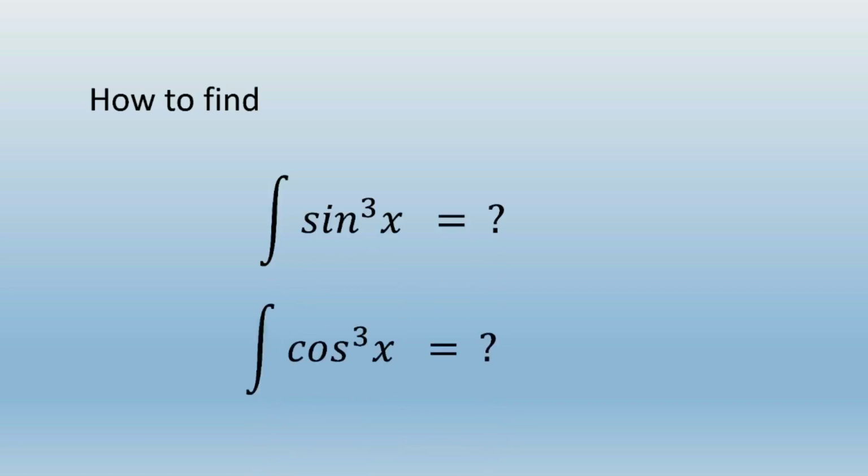Now we will understand how to find integration of sin cube x and integration of cos cube x. Before going to the integration, let us understand the trigonometric relations for sin cube x and cos cube x. Now consider sin 3x.